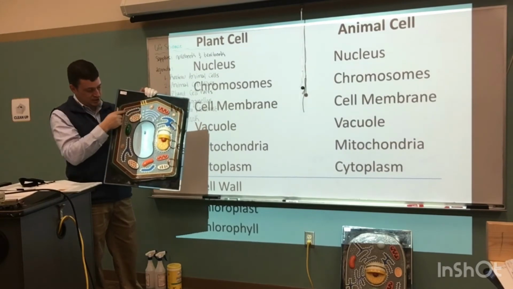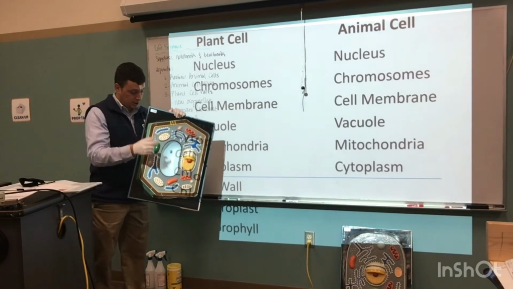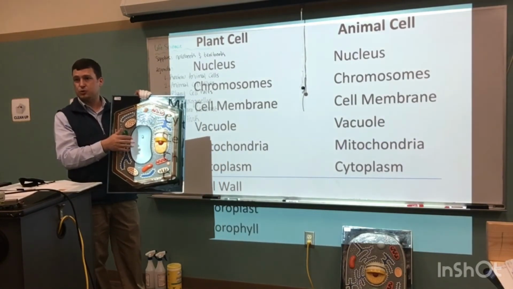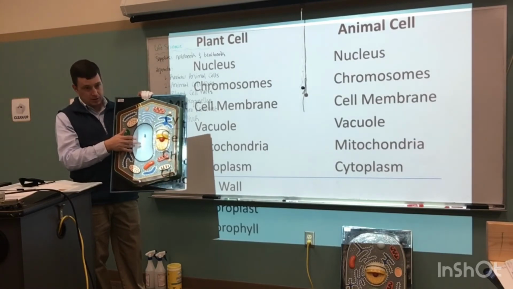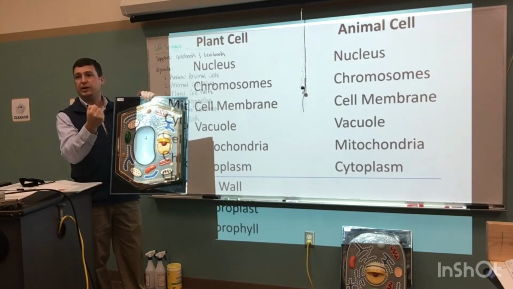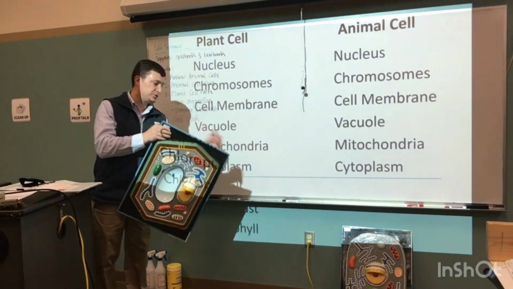And it also has a cell membrane. It has a vacuole, but check out the vacuole of this plant cell. Whoa, looks like a swimming pool, doesn't it? Plant cells have huge vacuoles, whereas animal cells have small vacuoles. You can see that's way bigger than our animal cell model, isn't it?